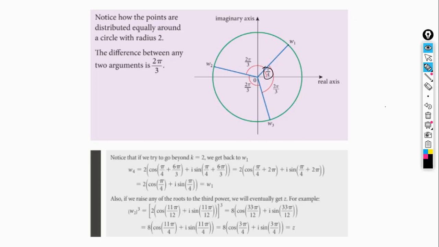So there are 3 solutions that we found, and notice that they have the same difference between them, which is 2 pi thirds. Now, notice that if we go beyond k equals 2, we would get back to W1. So the cycle just repeats.